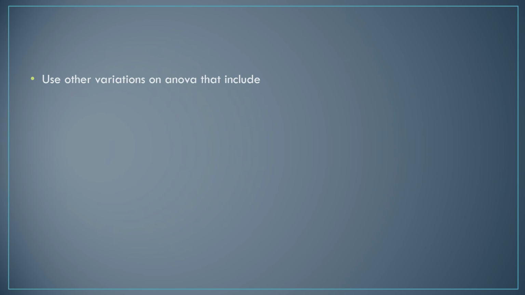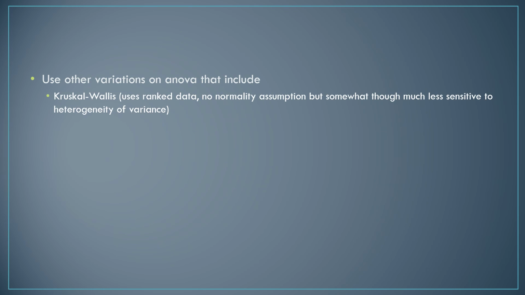It is important to know that there are some other variations on ANOVA, including the one-way ANOVA. In particular, if you are using some different kind of data, or you're not meeting an assumption like the normality assumption, then there's this Kruskal-Wallis test that you could use instead of a standard ANOVA.